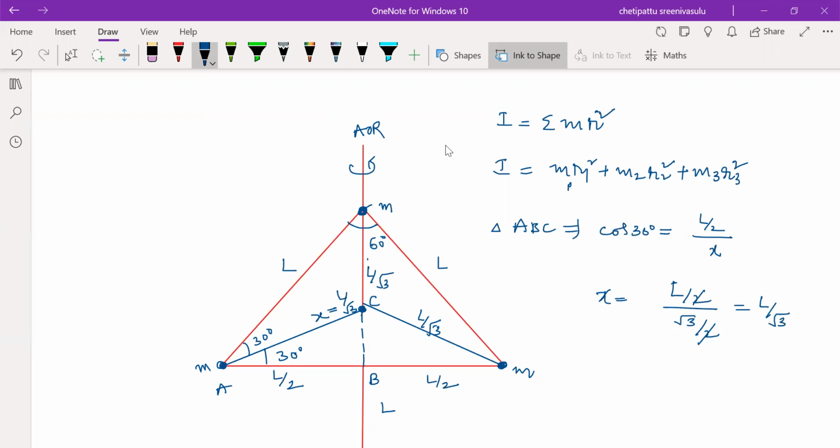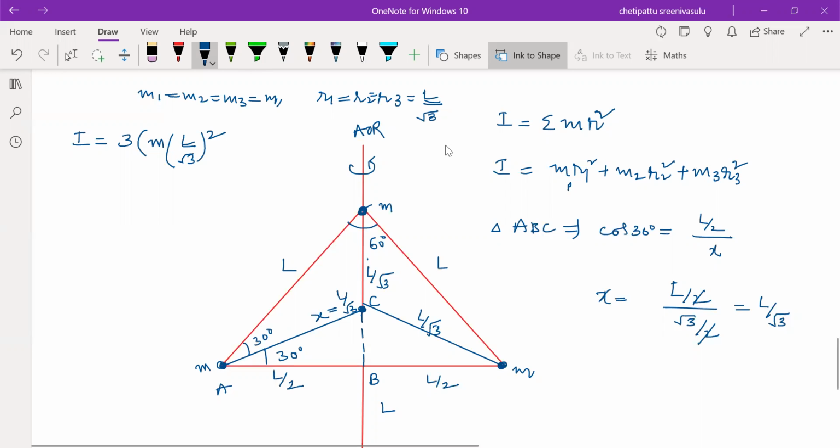So the moment of inertia, what can we write? I equals 3 times m into L by root 3 whole square. Because the masses are equal, m1 equals m2 equals m3 equals m, and the perpendicular distances r1 equals r2 equals r3 equals L by root 3, we can write 3 times directly.